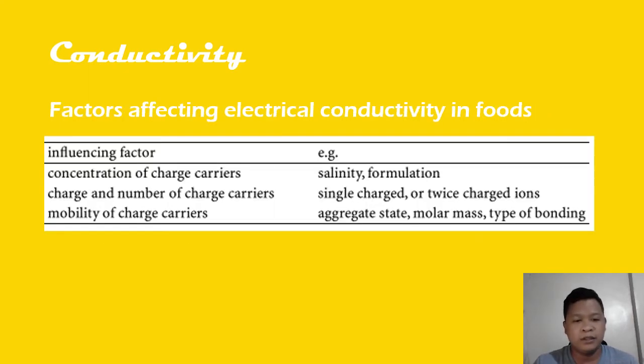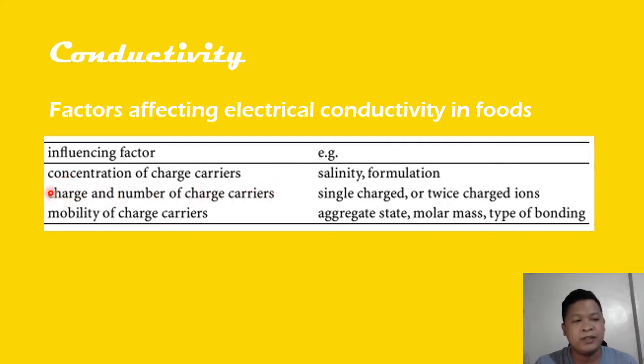So these are the basic factors affecting a food's ability to conduct electricity. First is the concentration of charge carriers. Kung walang charge carriers, walang conduction na magaganap ng kuryente. So examples of this are the formulation of your food and, for example, the level of salinity, charge and number of charge carriers.